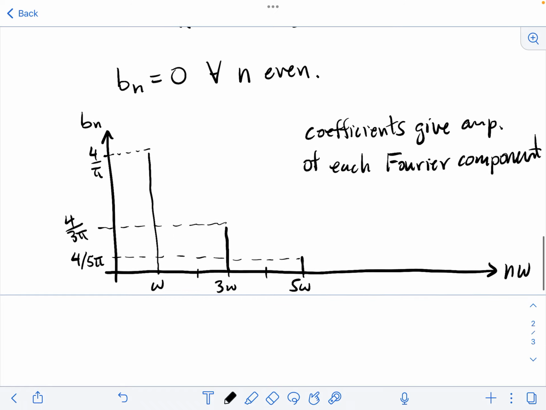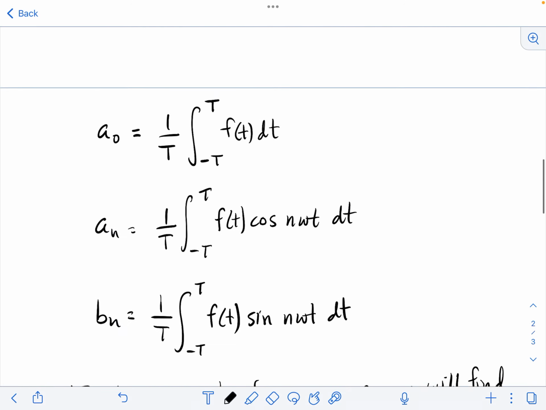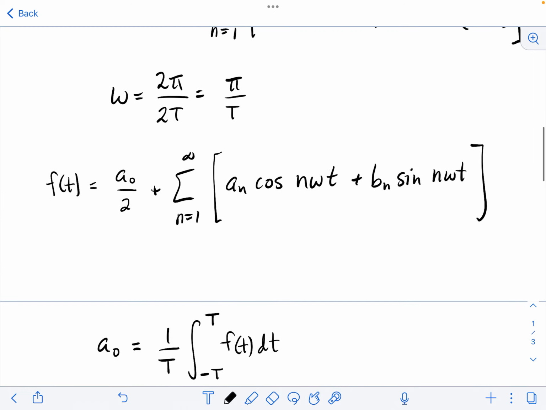Okay, so before we get to all of that, what I want to do is re-express this Fourier series not in terms of cosines and sines, but instead in terms of complex exponentials. So that's going to be the first step.